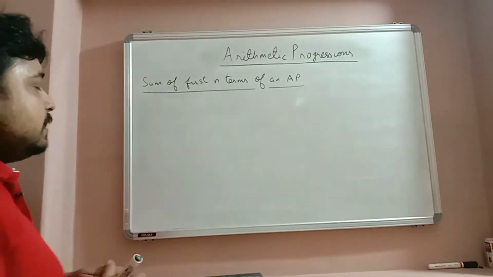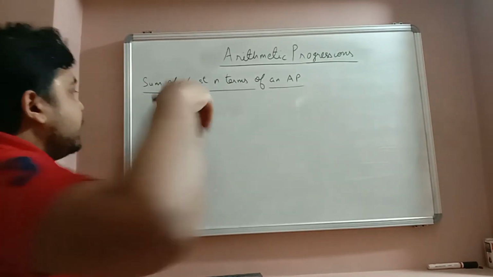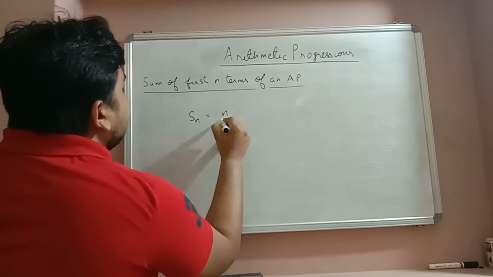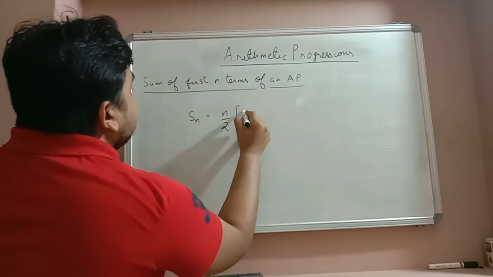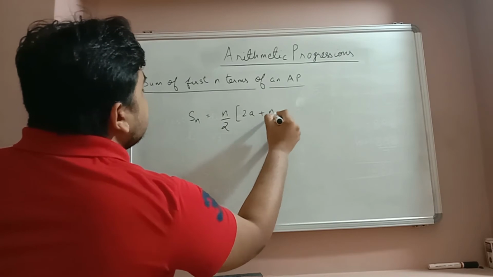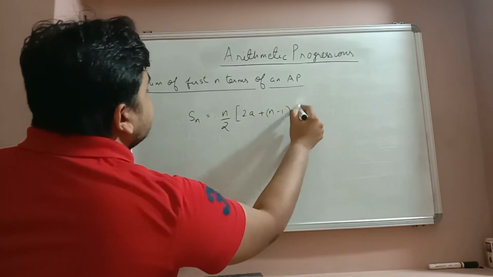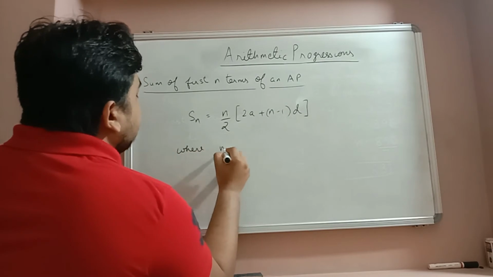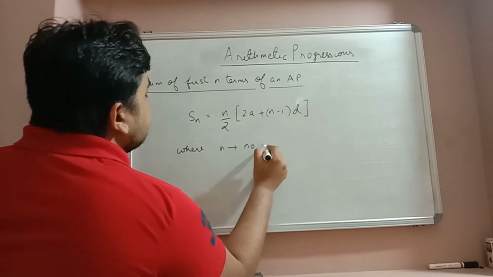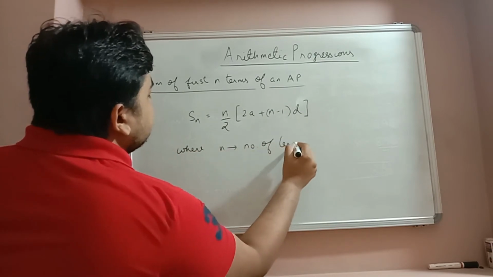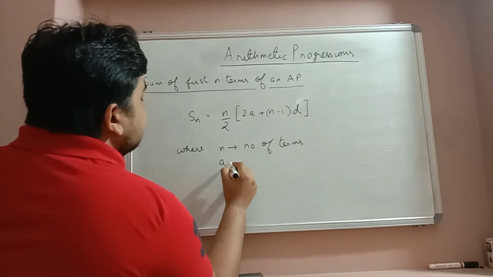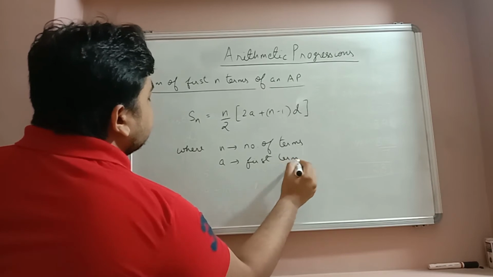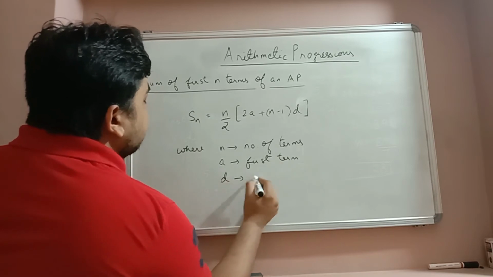The sum of the first n terms of an AP is given by Sn equals n by 2 into 2a plus n minus 1 into d, where n is the number of terms, a is the first term, and d is our common difference.